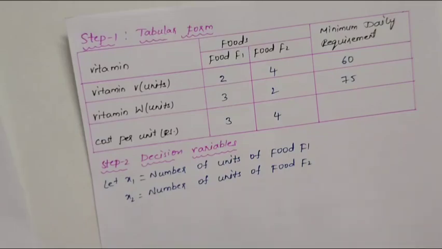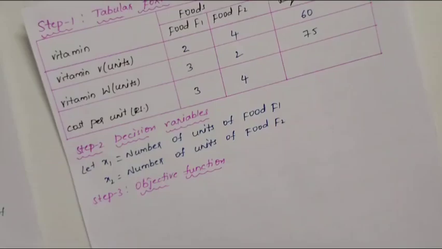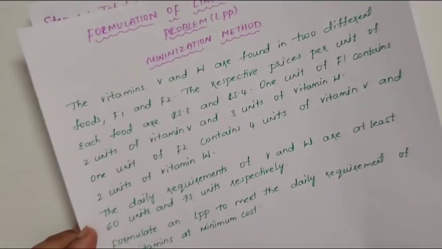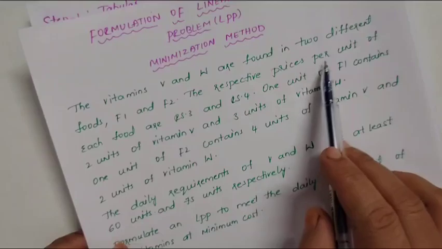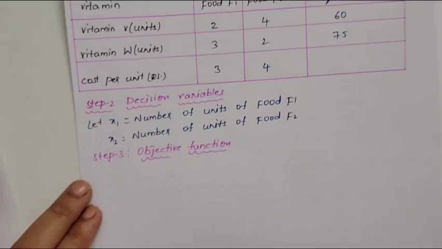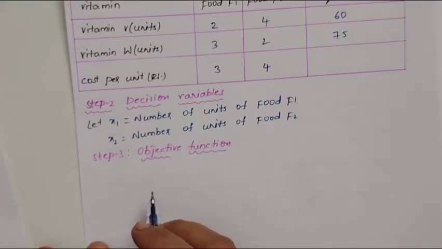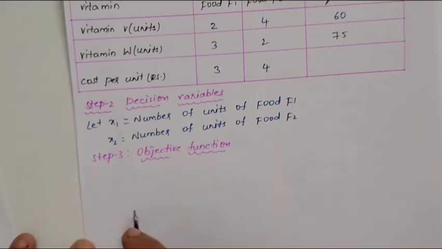Next step, we are moving to the objective function. As given in the question, the respective prices per unit of each food are ₹3 and ₹4. So the cost of 1 unit of food F1 is ₹3 and of F2 is ₹4.